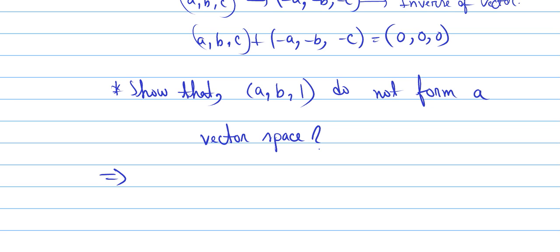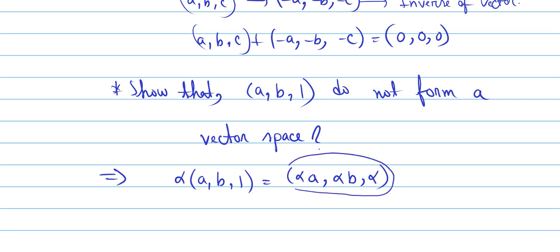If we multiply any vector A, B, 1 with a scalar alpha, the given multiplication rule says this will give us alpha A, alpha B and alpha, which is not a part of our vector space, because the vectors of our vector space have this form. So this set A, B, 1 does not form a vector space.